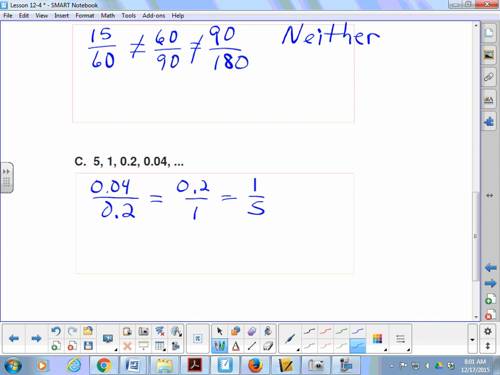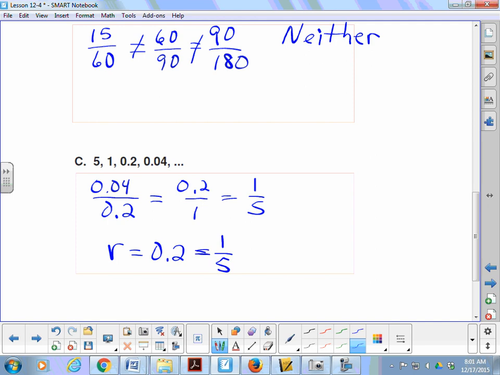So I'm going to check those ratios to see if they're the same. And since it is a sequence, we really only need to check two of them. If two of them are the same, then we're going to figure that the third one is going to be the same also. In this case, these are all the same. They're all either 0.2 or 1/5, whichever way you want to write it.